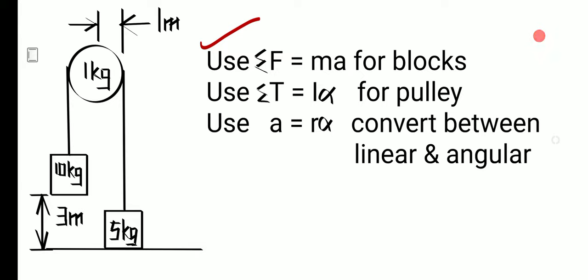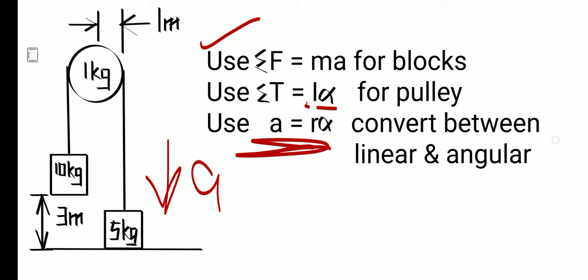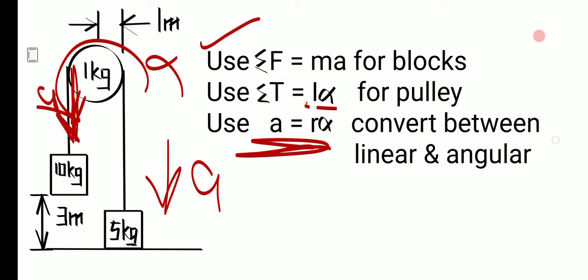For the pulley, we're going to use sum of the torques equals I times alpha, where I is the rotational inertia and alpha is the angular acceleration. And then the last thing, the linear acceleration is related to the angular acceleration by a equals R times alpha. This is really the tangential acceleration related to the angular velocity.